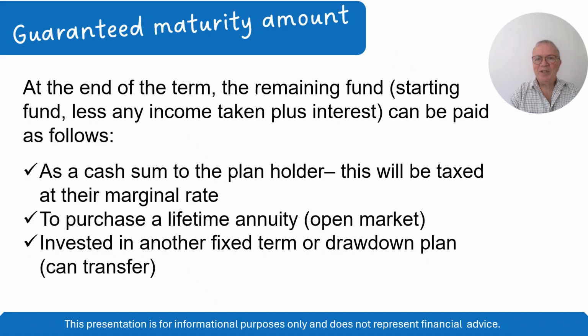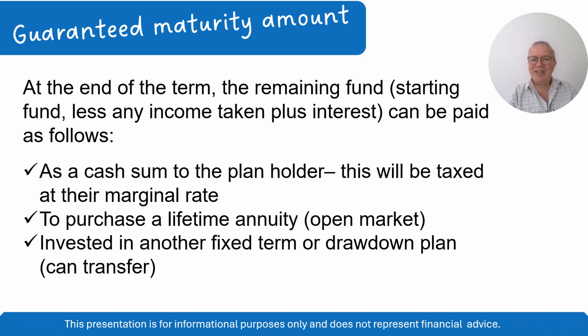The guaranteed maturity amount, this is probably the most interesting and useful option. At the end of the term, the remaining fund, that is the starting fund less any income taken out plus interest, can be paid in a number of different ways. It can be paid as a cash sum, like any other pension income.